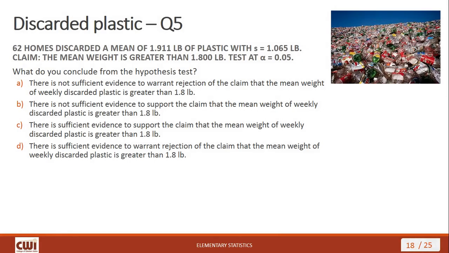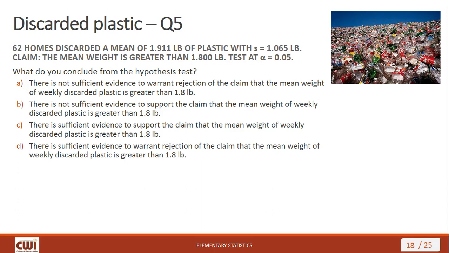What then do we conclude from our hypothesis test? This is the last question we were asked. Typically with these questions, you're given 4 options like the ones you see here on the screen. If you compare the options, you'll see that there are only 2 main differences between them. The first is at the very beginning: you either have sufficient evidence or you do not have sufficient evidence.